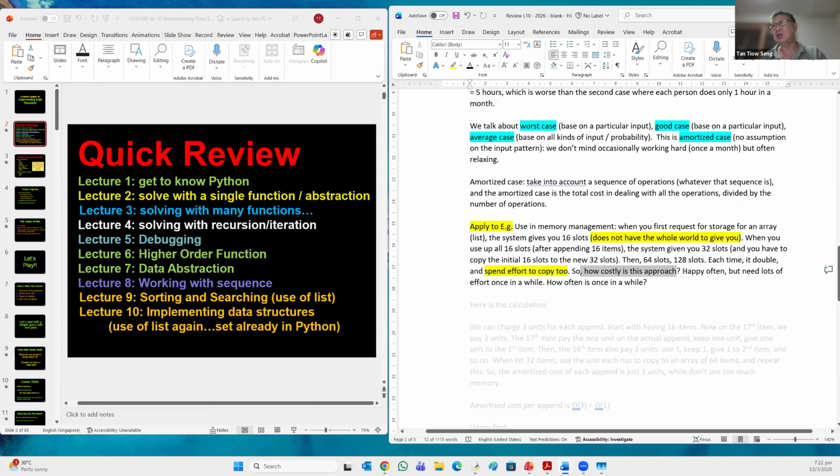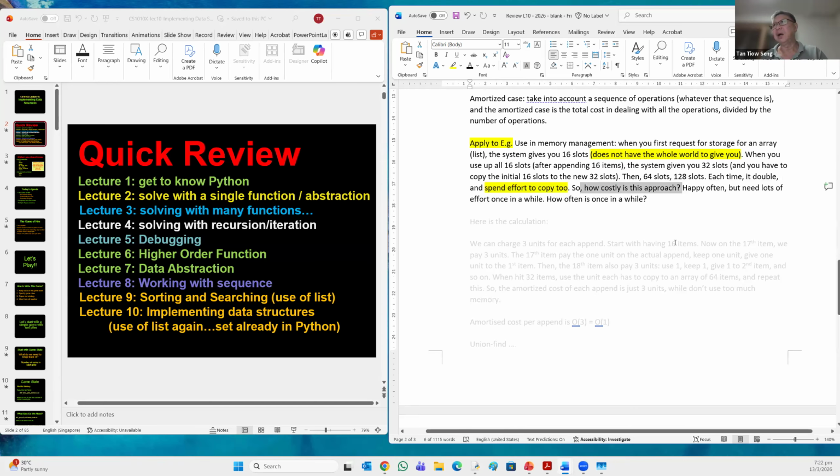So the question is how costly this approach is. What you are seeing here is that you are happy, for example, from 16 to 32. You're not happy on the 17th item, but after the 17th item, all the way until 18, 19, until 32 items, you are simply appending because the memory space is there for you. So you don't feel any hurt.